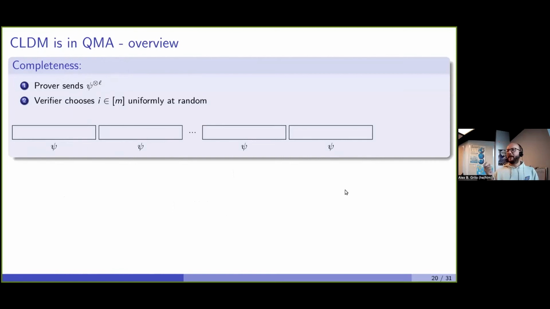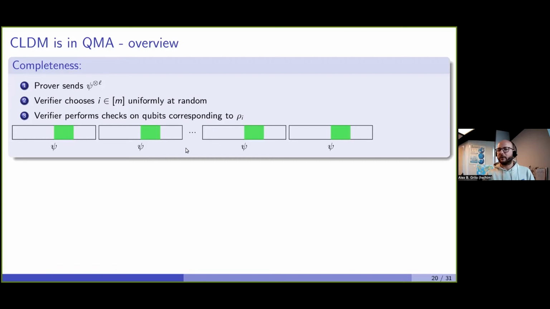The verifier will pick one of these local density matrices uniformly at random, and do some local checks on the qubits corresponding to rho I, to check if this part of psi is close to the corresponding local density matrix. We're not doing exactly tomography, but you can think about tomography here.